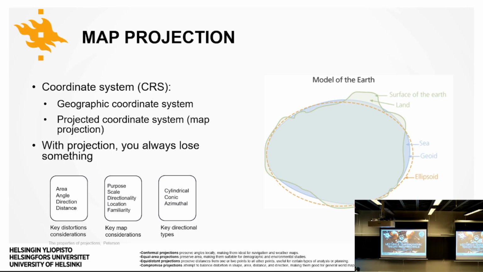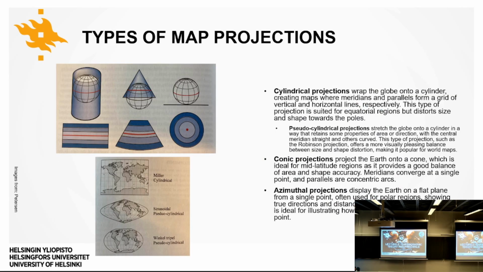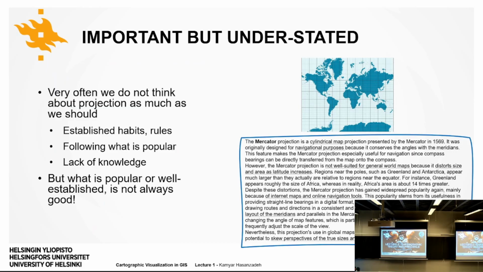Then we have equidistance projections that preserve the distances. Depending on what you want to do, that might be something that you want to preserve. And there are also compromise projections that are a mix of different things. So again, for some general purpose maps, you might want to go with some compromise projection. There are some more details about this, but you can read on your own.